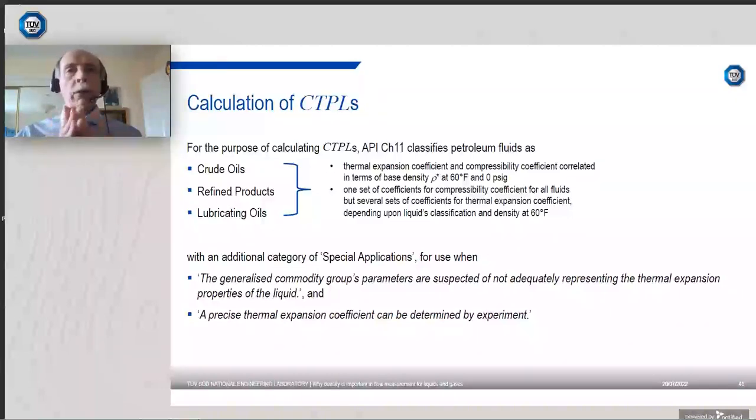There's one set of coefficients for the compressibility coefficients for all categories of fluids. However, there are several for the thermal expansion, depending on the liquid's classification. There's also an additional special applications category for the none of the above. So, as it says, if it's suspected of not adequately being represented, then basically measure it.